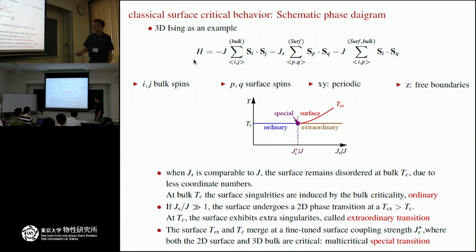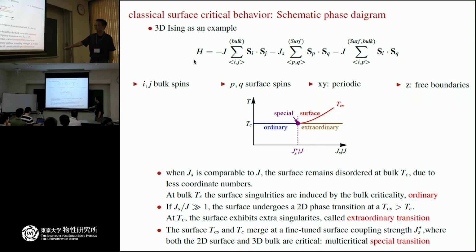The surface Tcs and the bulk Tc can merge at a fine-tuned surface coupling strength, Js star, like here. If you fine-tune this Js to a special value, Js star, then both the 2D surface and the 3D bulk are critical.